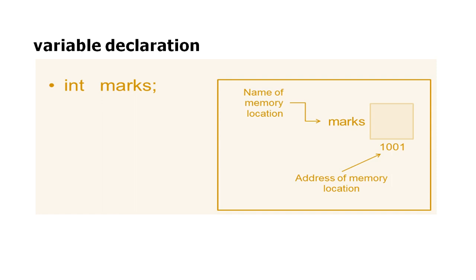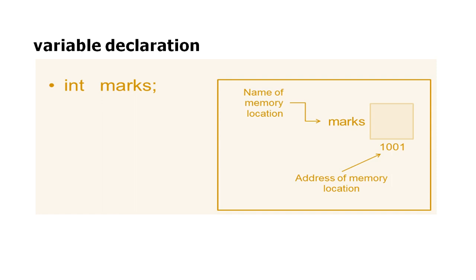The variable name is a feature provided in all high-level languages for the convenience of a programmer.